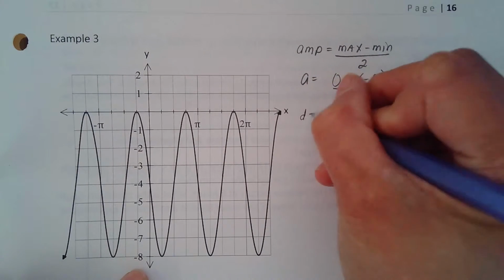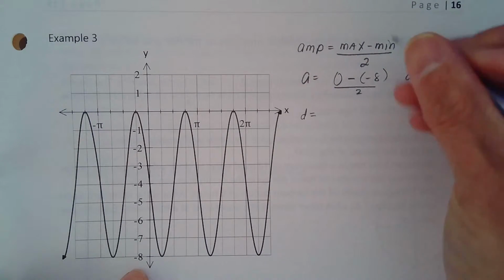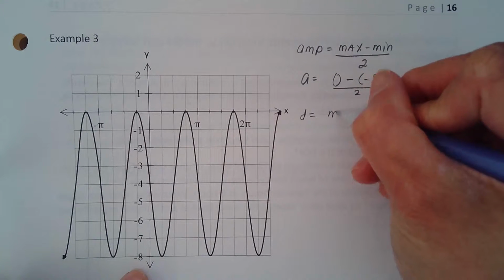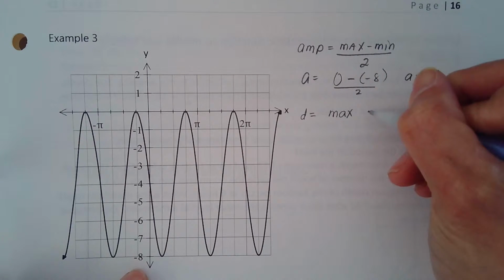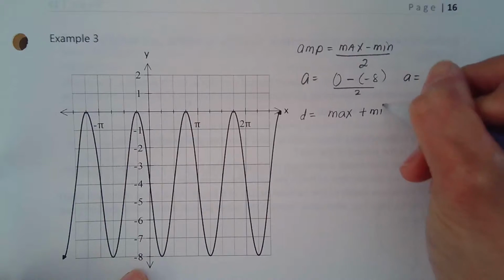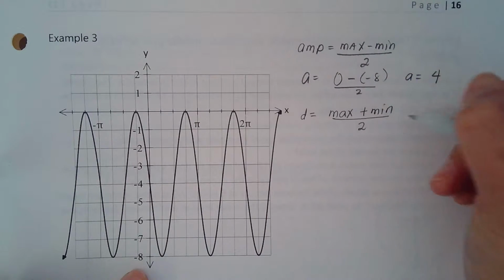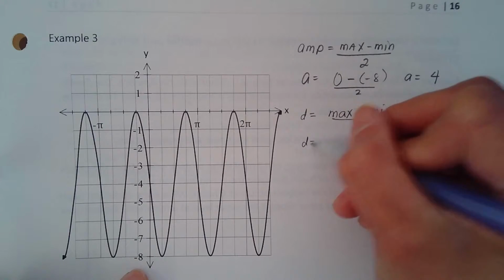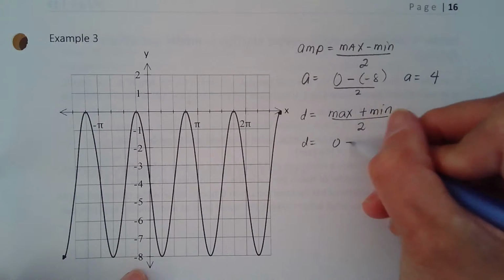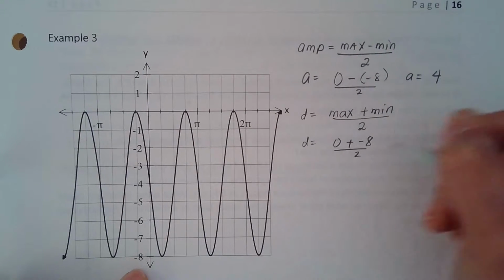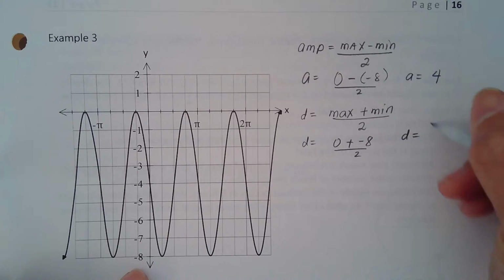Let's take a look at the D. D is max plus min divided by 2, which is 0 plus negative 8 divided by 2. So D is negative 4.